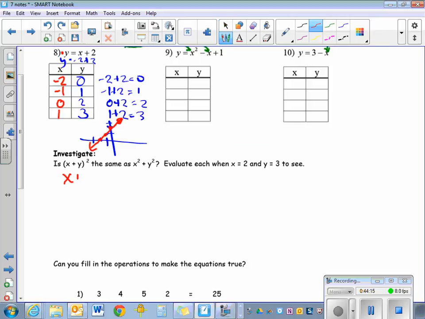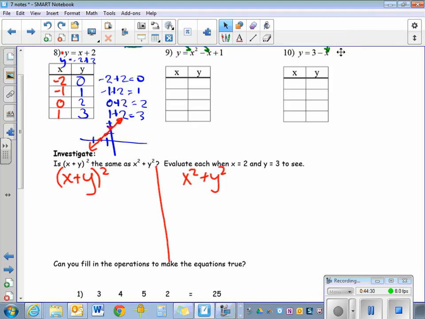We could do a formal proof, but we're just going to check it with our values. Evaluate each when x is 2 and y is 3. I'm just going to do that real quick at your desk and see what values you get for each side.